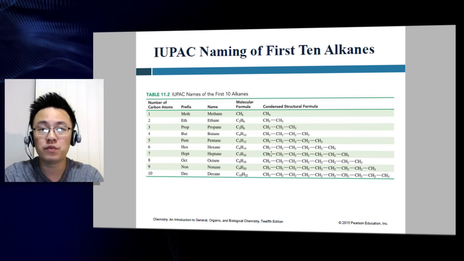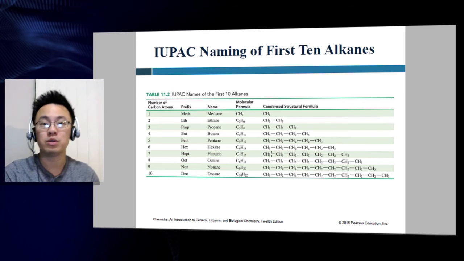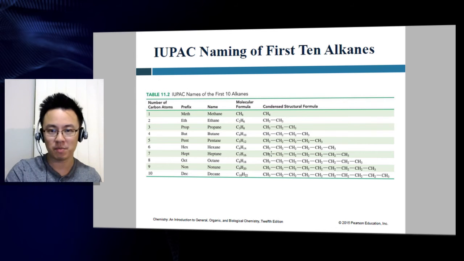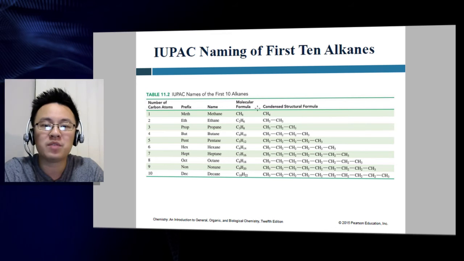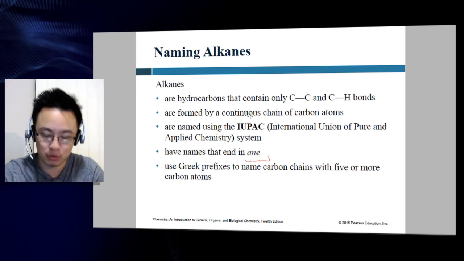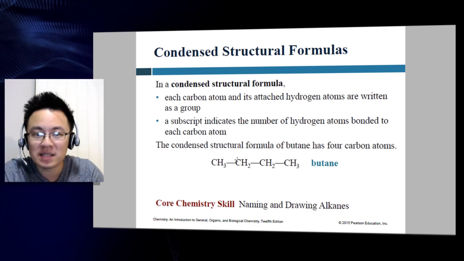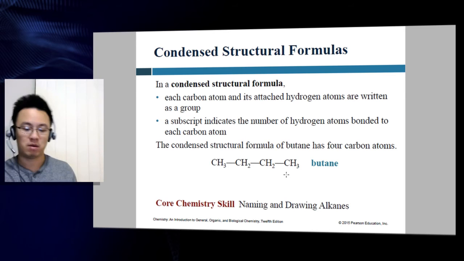That's why when you move 1 decimal over, you're decreasing or increasing it by a 10-fold value. Dec, decimal. Okay? So you can see here we have different alkane molecules. Right here we have methane, which is 1, ethane is 2, propane is 3, hexane is 6, octane is 8, and decane is 10.